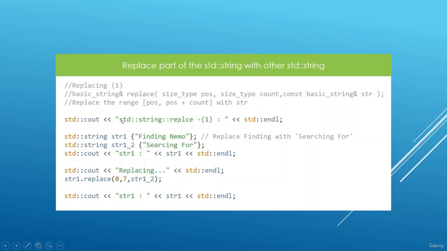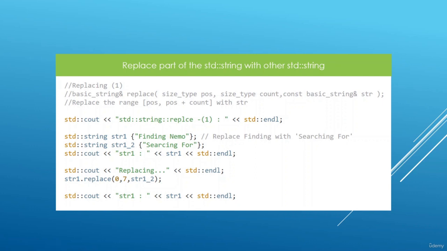So if we count in str1 here, we're going to have 0, 1, 2, 3, 4, 5, 6, 7, including the space. That's going to select the finding word here, and we're going to replace that with what we have in str12 here. So instead of saying finding Nemo, we're going to say searching for Nemo. And if we print this out, that's what we're going to see.